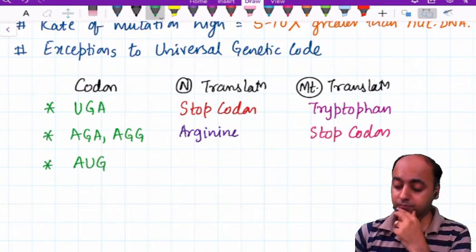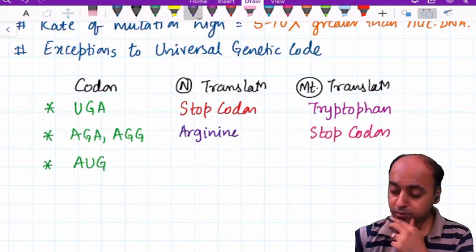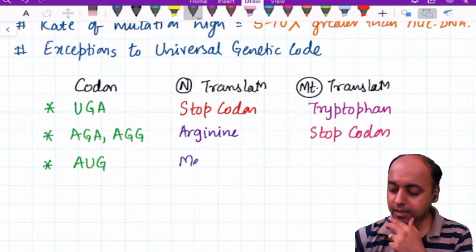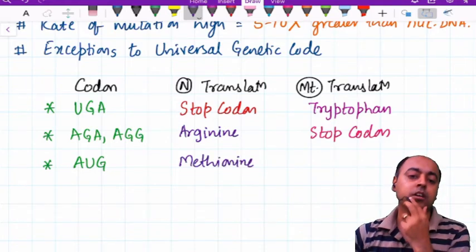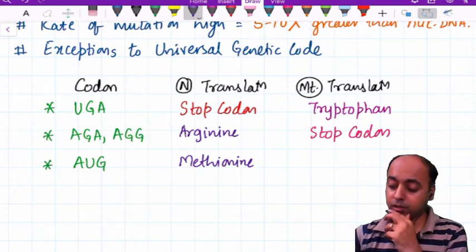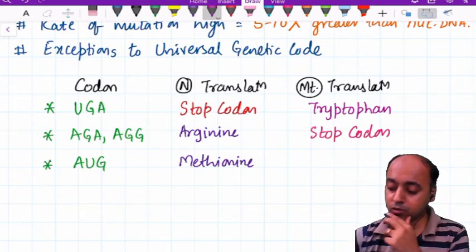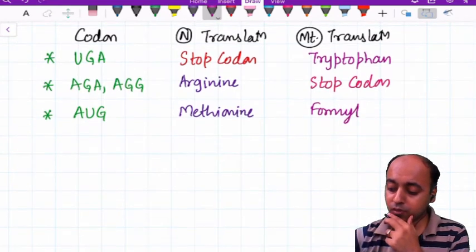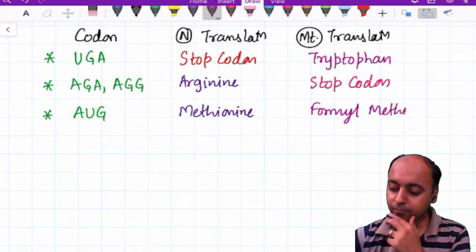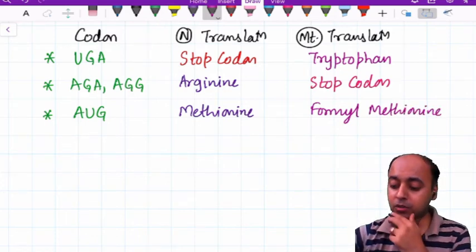AUG normally translates as methionine. It is the only codon for methionine, but in mitochondria, it codes for the starting amino acid, which is formyl methionine.